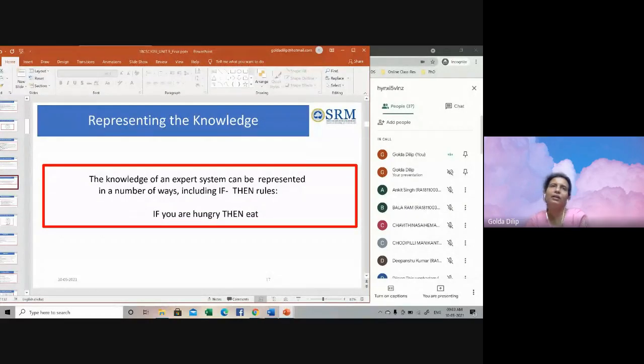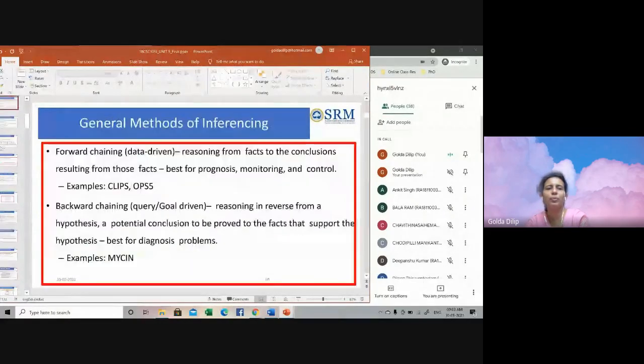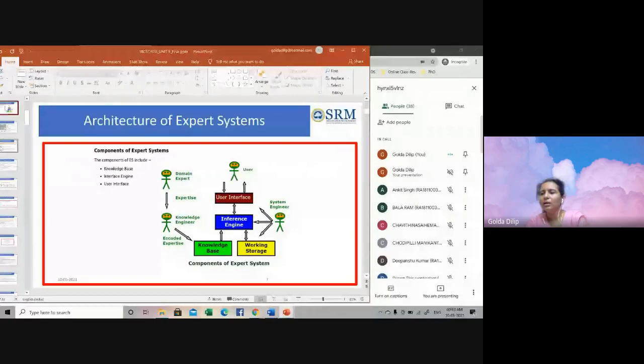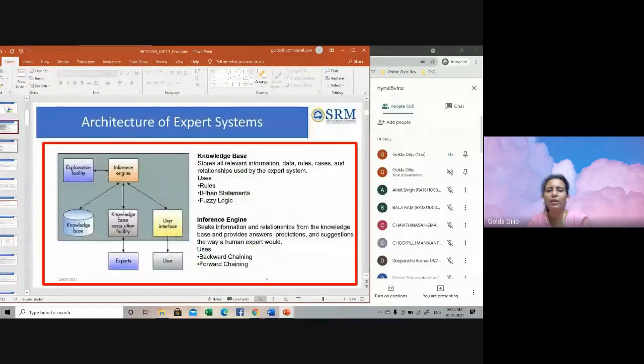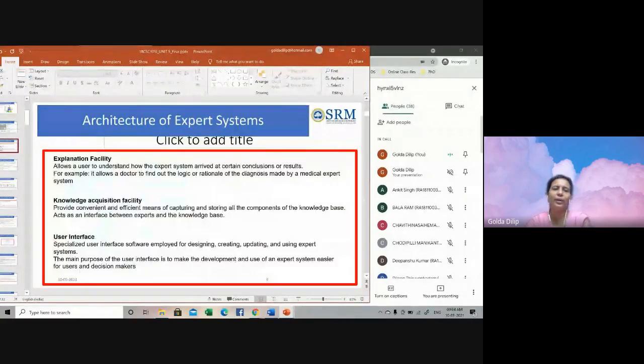Then what were the architectural components of an expert system? We had the user interface, the inference engine, and the knowledge base, and what constitutes your knowledge base. All these things we had discussed.